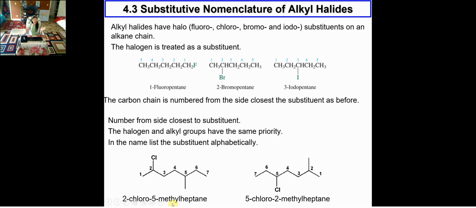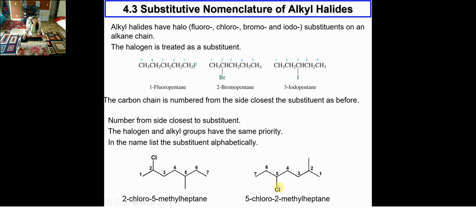You call it 2-chloro-5-methylheptane. On the other hand, you can reverse the carbon labeling. So you can have a methyl in the second carbon and chloro attached to the 5th carbon. You also can call it 5-chloro-2-methylheptane.